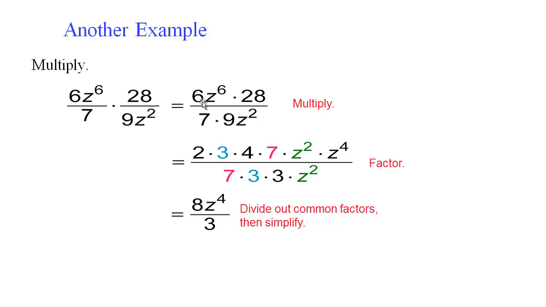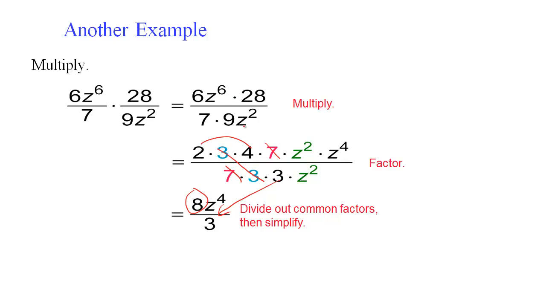The 2 times 3 came from the 6, the 4 times 7 came from the 28. That tells us the 7's will cancel, the 3's will cancel, and all that's left, right, once we cancel these things out, 3's cancel, 7's cancel. 2 times 4 is where you get the 8, and then you just have the 3 left over.